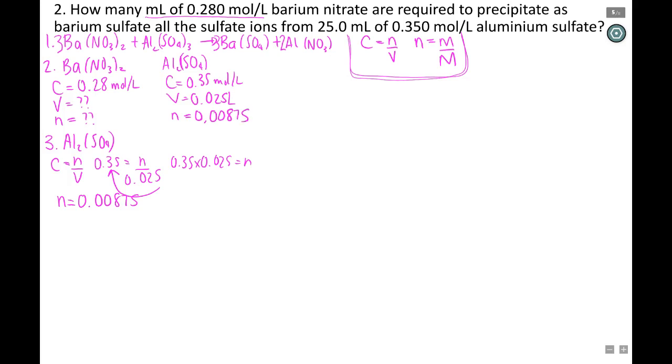Alright, now we can use our mole ratio to work out the moles for our barium nitrate based on how much aluminium sulfate it requires.